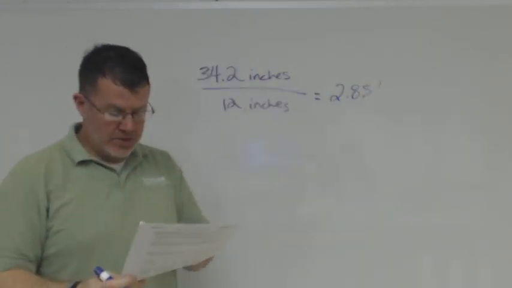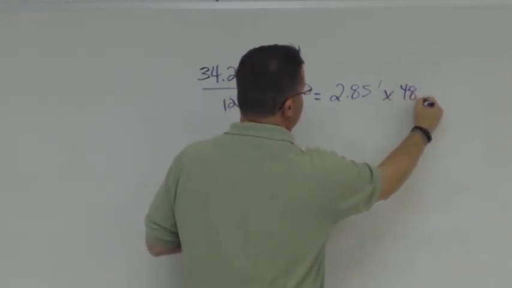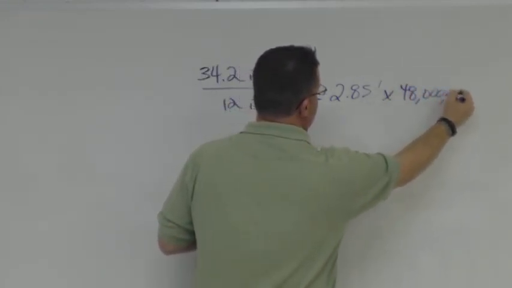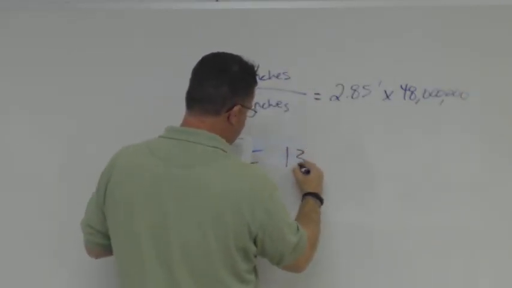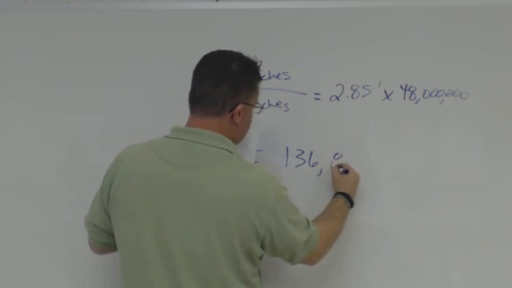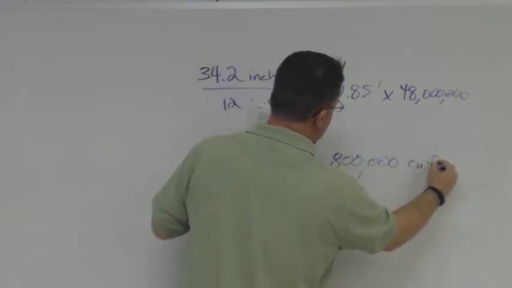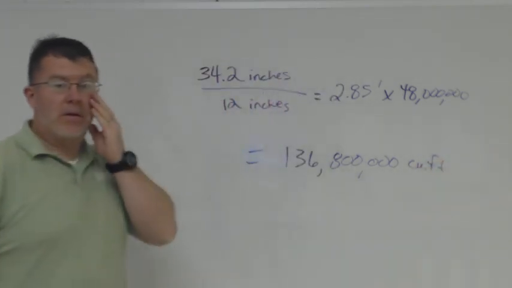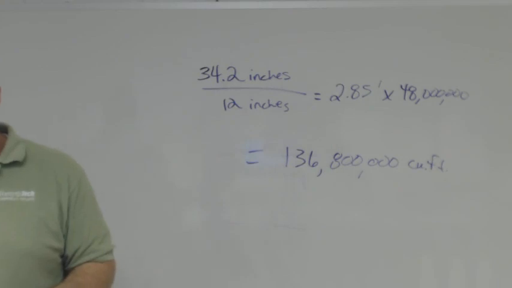And then I'm going to multiply that times what? 48 million. Which gives me the answer: 136,800,000 cubic feet. So very, very simple. Good job.